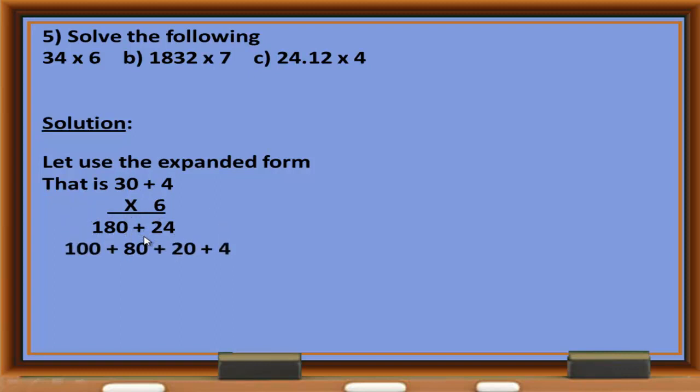Then 100 plus 80 plus 20 plus 4. That is the expanded form. 100 plus 80 is 180. 20 plus 4. Then 180 plus 20 is 200, plus 4. Then the total is 204. This one is using the expanded form.